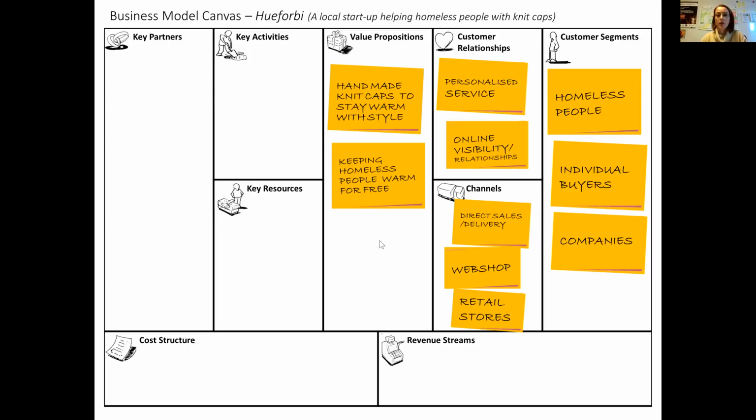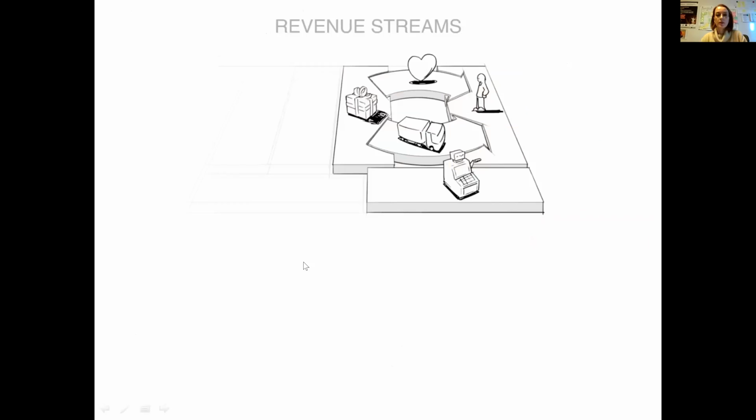So I will go on. It's revenue streams. This should actually be the last concern for a social enterprise model, but since I'm using a regular fill-in template, and I don't think it's a big issue to fill in later on, I will go on now.